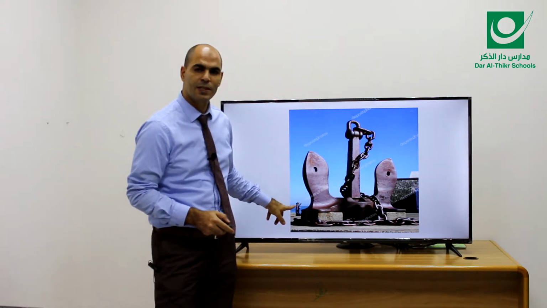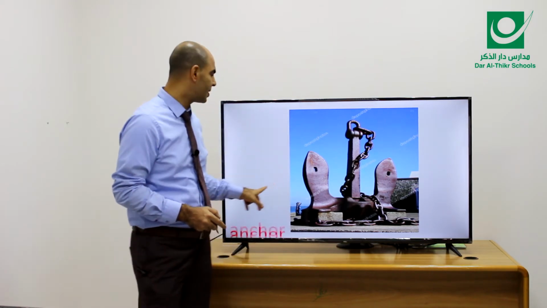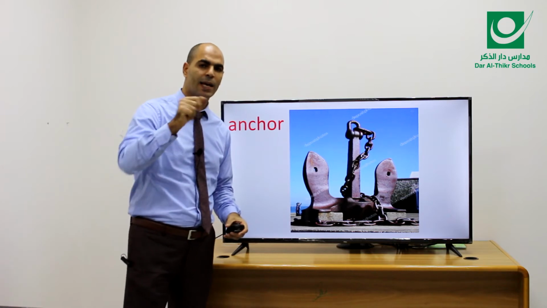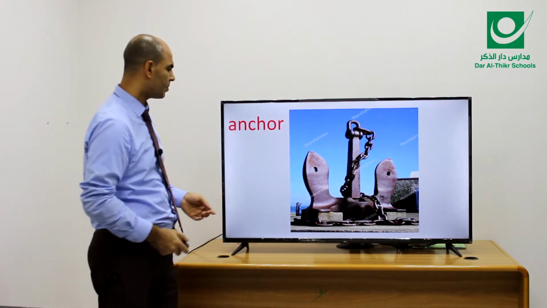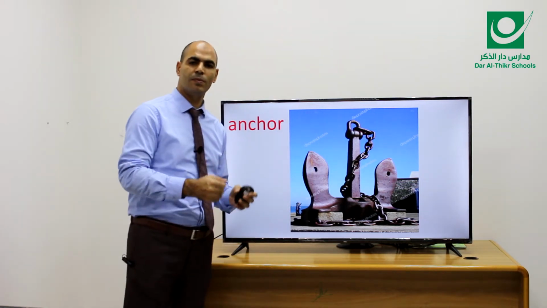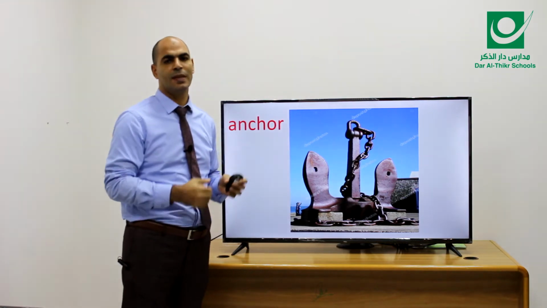Something that's used by ships in the sea. It's an anchor. It is used to make the ship stay in its place. Anchor.